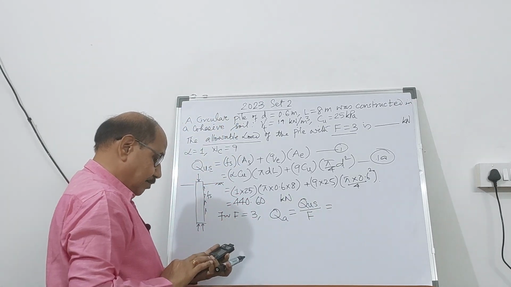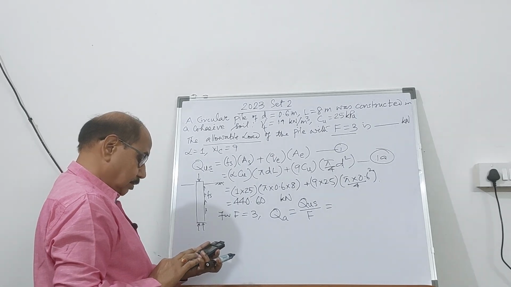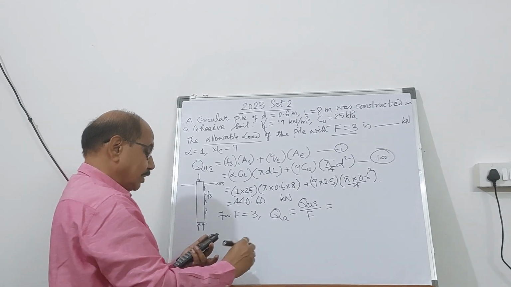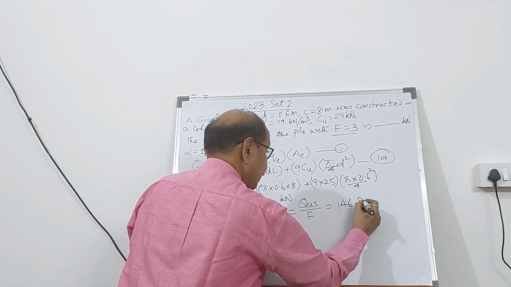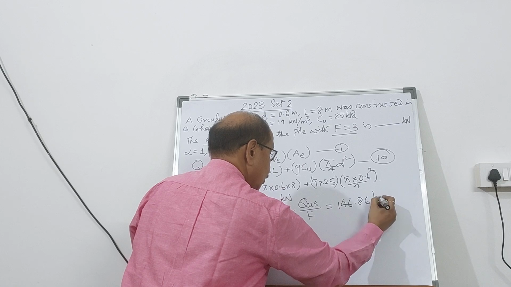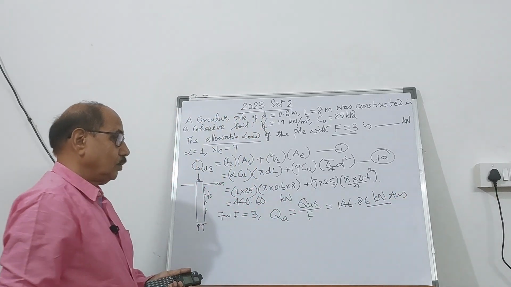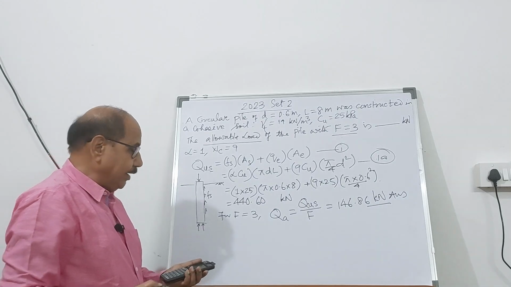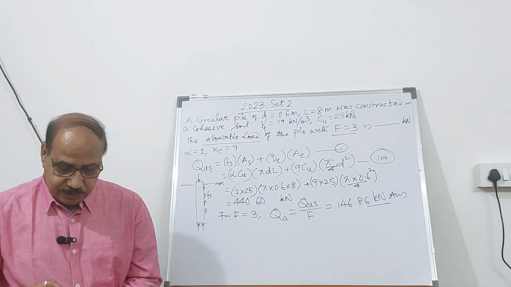If you divide it by 3, you get 146.86 kilonewton. This is the answer. So this is a very simple way we can solve this problem. Now the next problem, we'll see that.